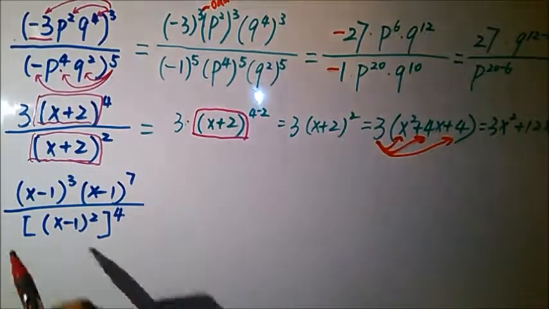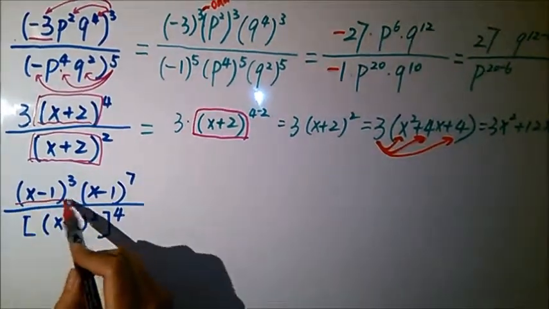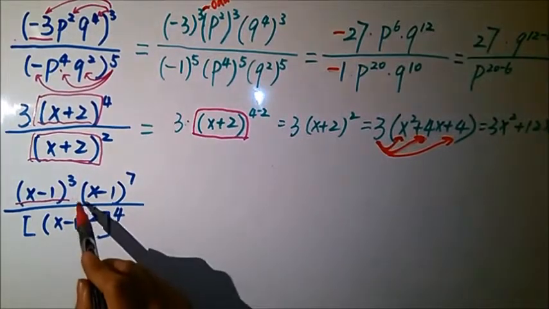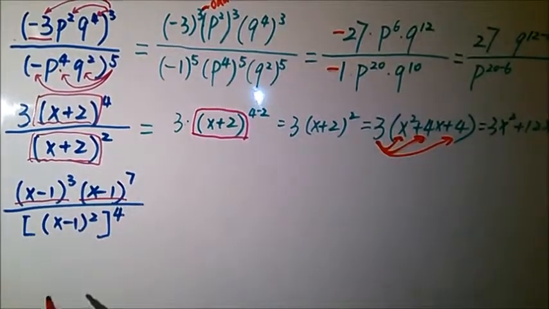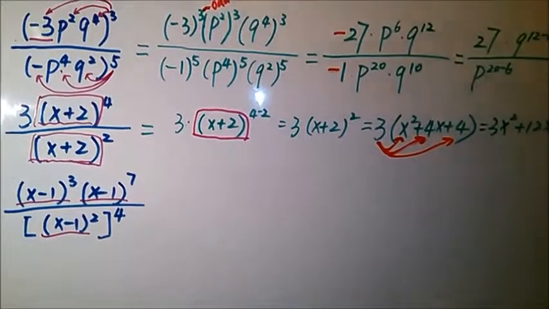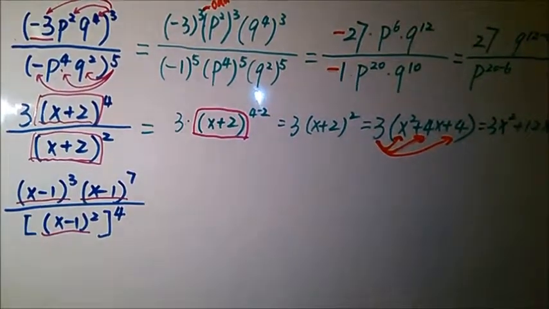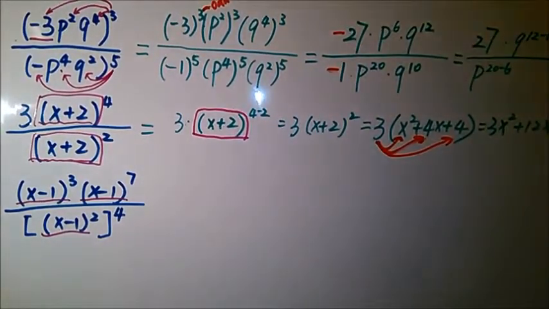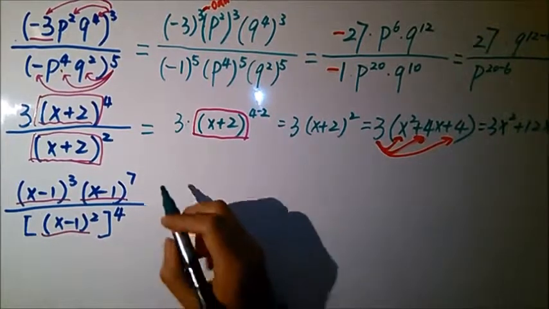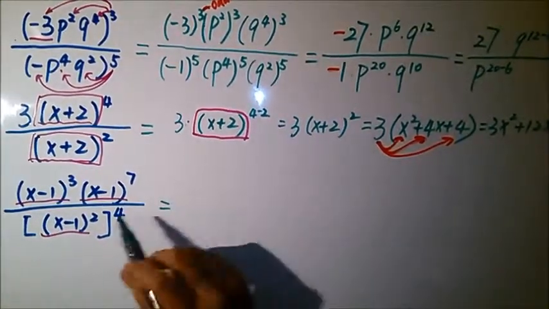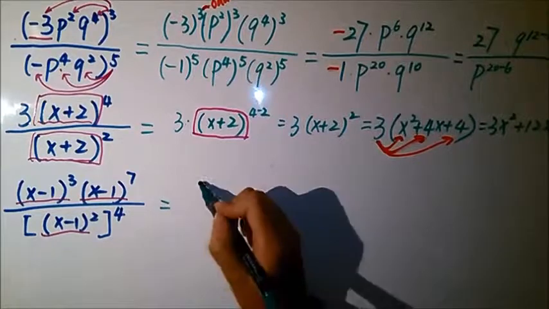On the top, we have an x minus 1 organism, right? And it looks the same with its counterpart, x minus 1 organism. And we have the one at the bottom, the same. So basically, we can treat these all like the same base, like one big organism. When we multiply like bases, their exponents will be added together.